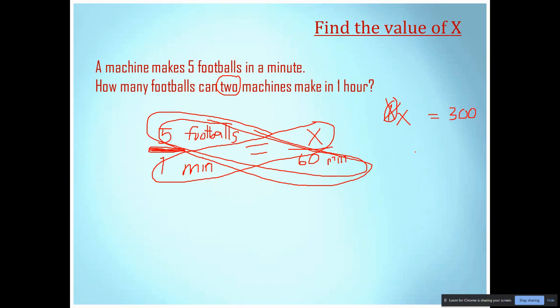So x is equal to 300. Now, if one machine can make 300 in 1 hour, then two machines can make 300 times 2, because there are two machines, which is 600.